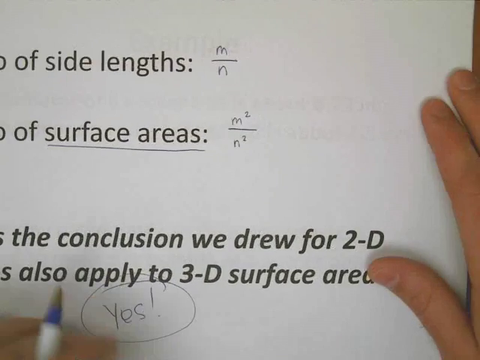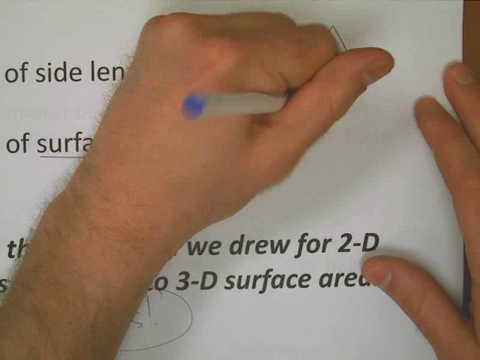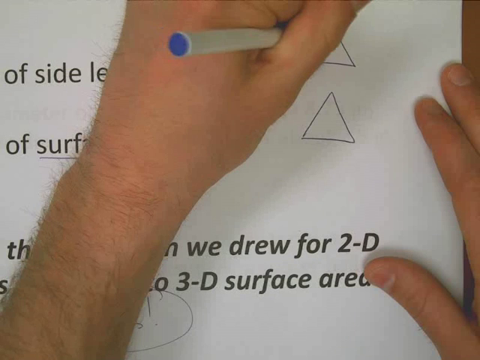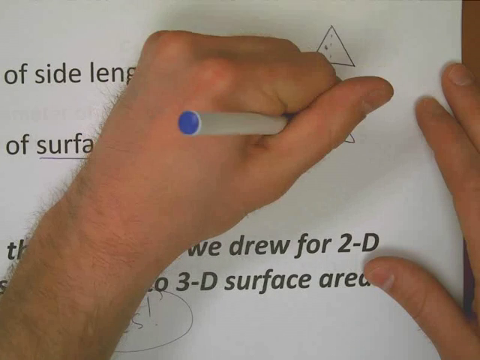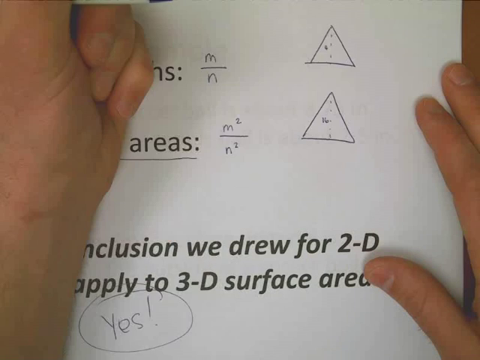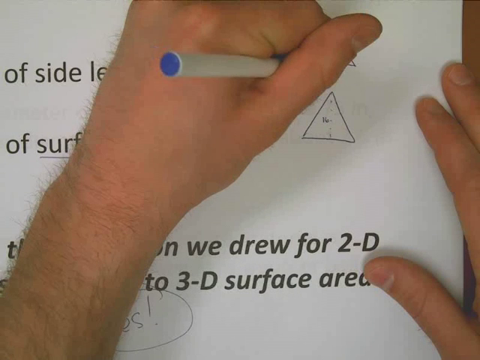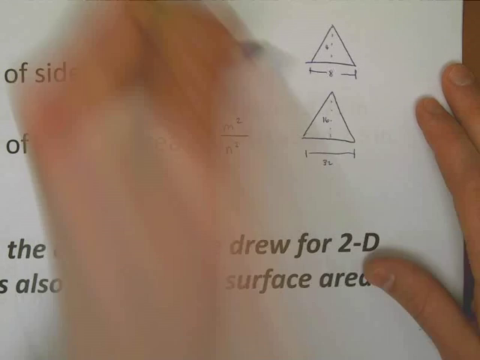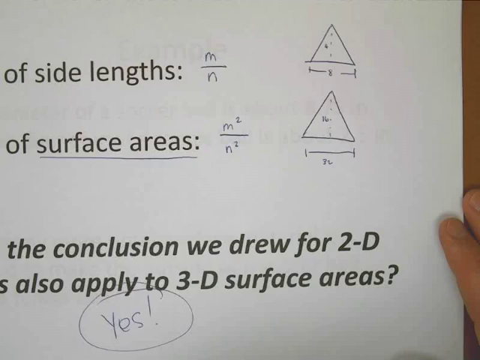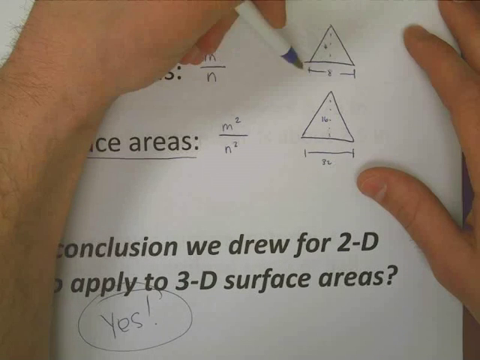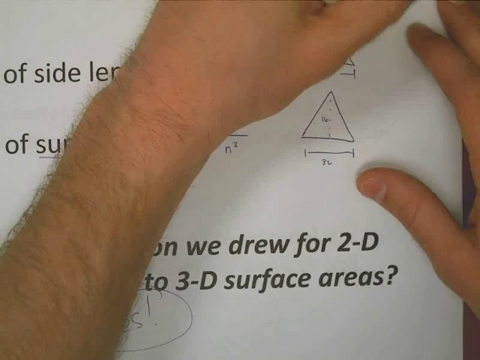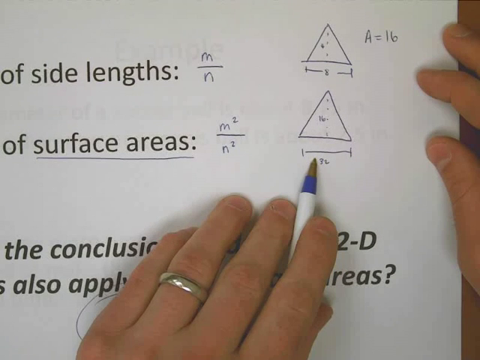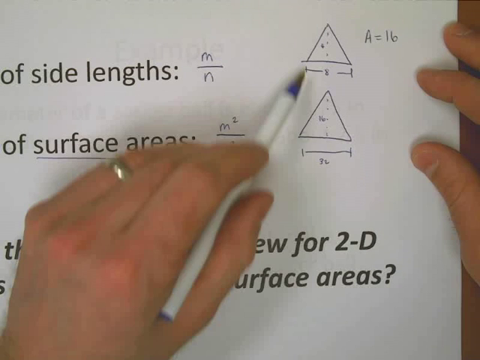So one more example, real quick off to the side. I'm just going to have a triangle here and a triangle here. Let's say that this triangle has a height of 4. This triangle has a height of 16. This triangle has a base of 8. And this triangle has a base of 32. I know that the area of this is 1/2 of 8 times 4. The area of this triangle is 16. I could go through and do this the long way with 1/2 base times height, half of 32, but this is what I want you to understand.